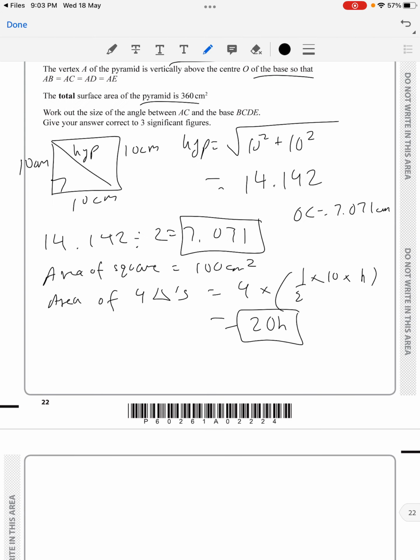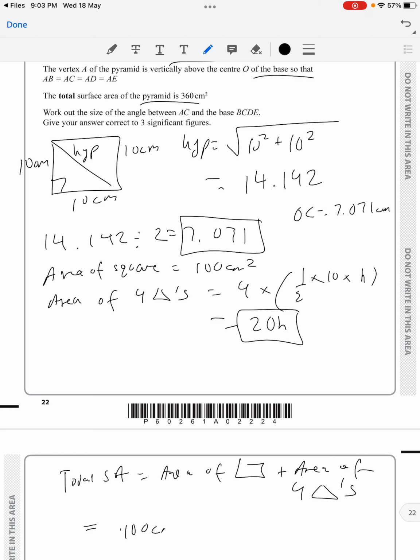The total surface area is the area of the square plus the area of four triangles, right?